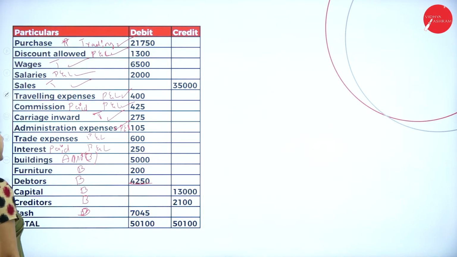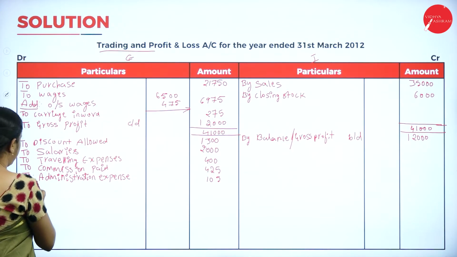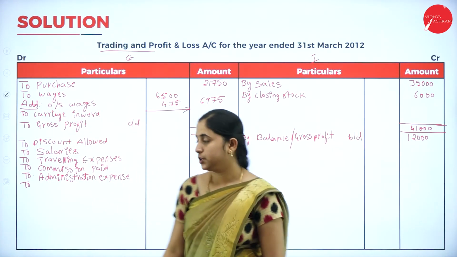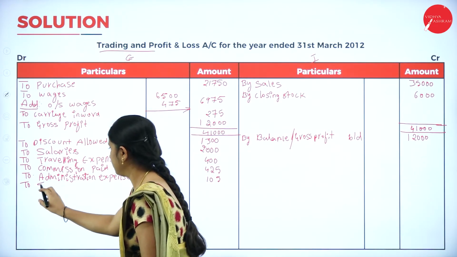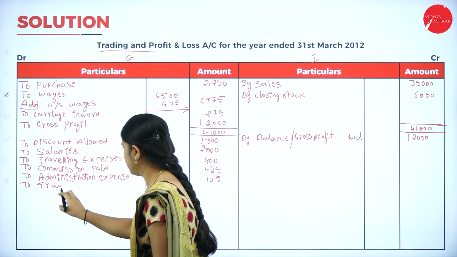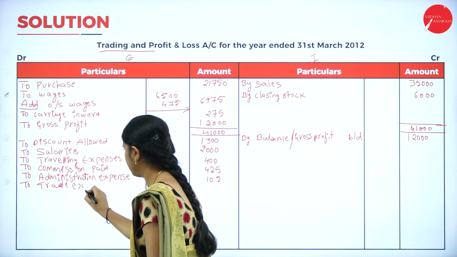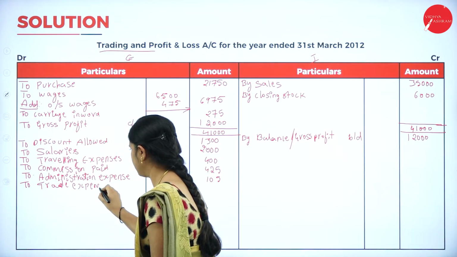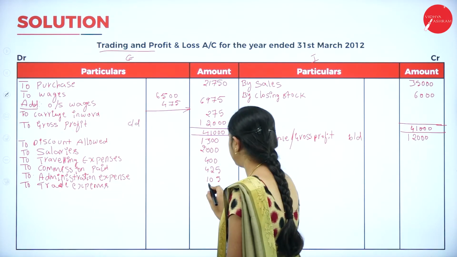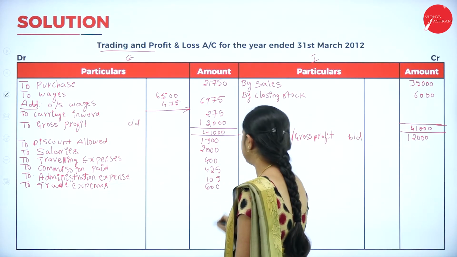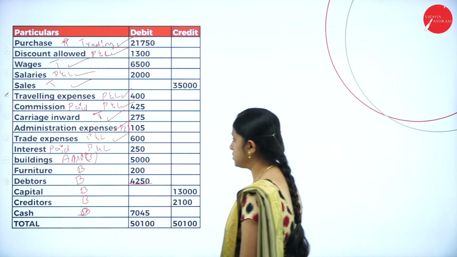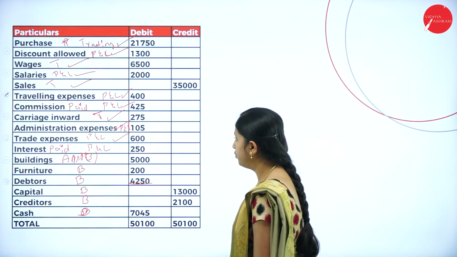Next, trade expense. Expense, debit side, to trade expense, rupees 600. Next, interest paid, 250.